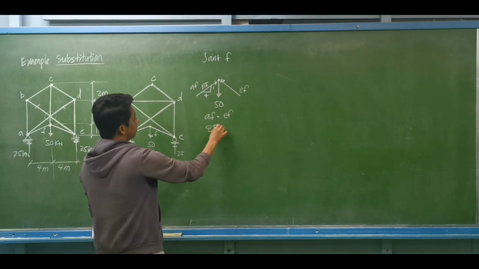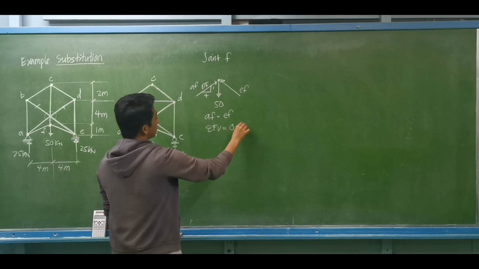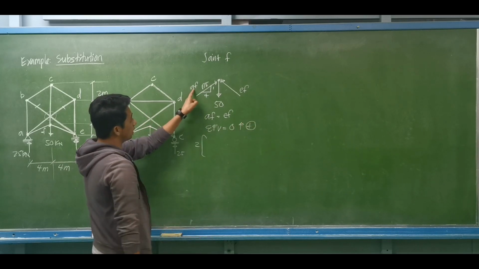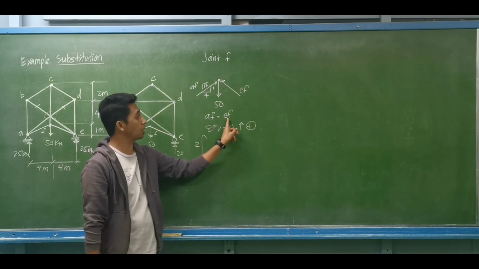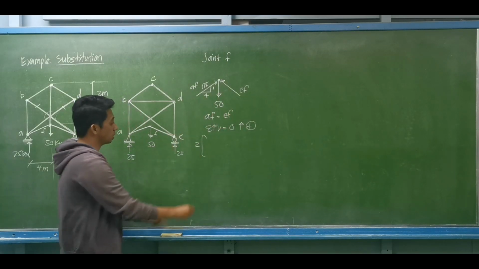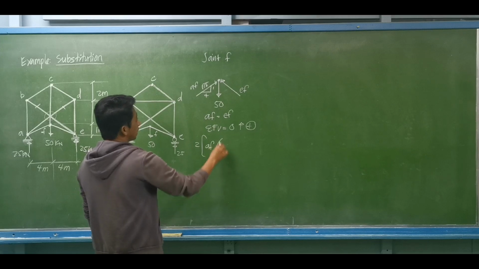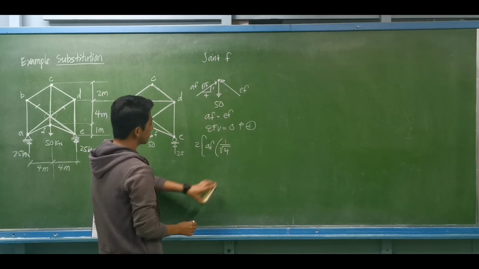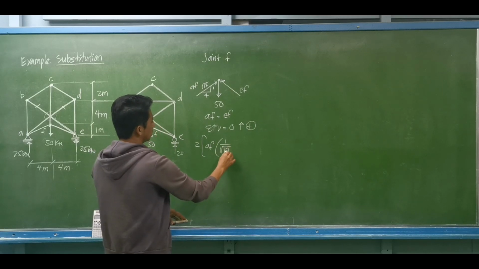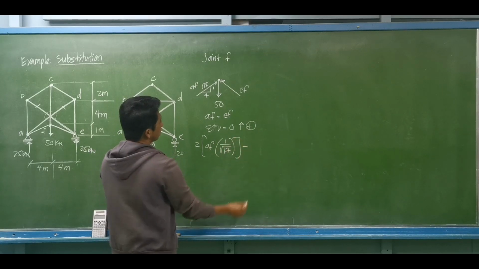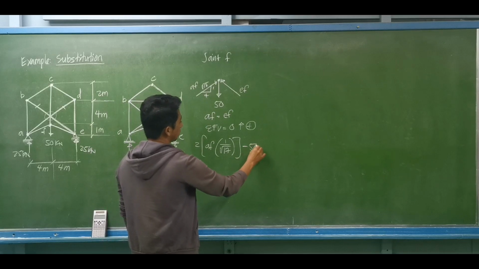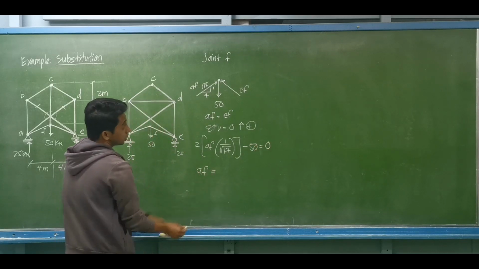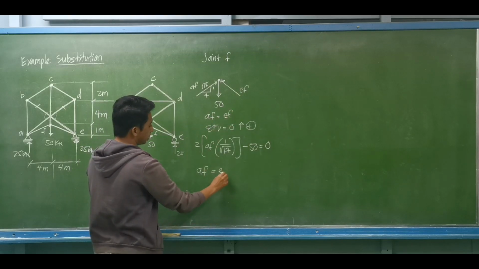So by summation of forces, vertical equal to 0, upward forces to be positive, I'll just be using AF twice. Why 2? Because the two are equal. I'll be using AF. This is the vertical component, 1 divided by the square root of 17, minus the downward load 50 kilonewtons equal to 0. So this will be the magnitude of AF, the same as the magnitude of member EF.